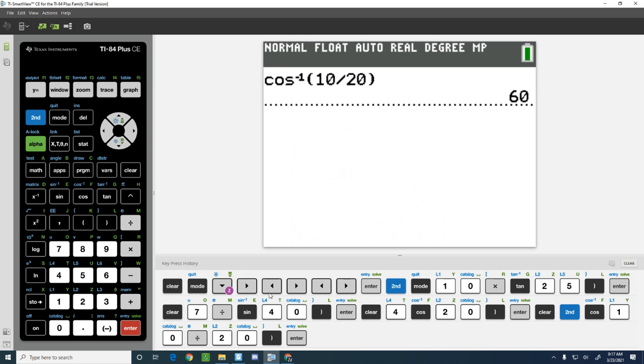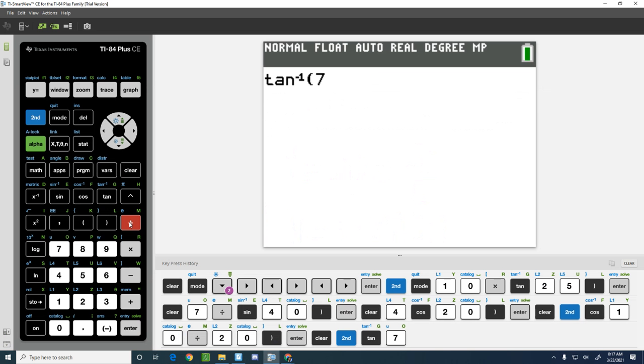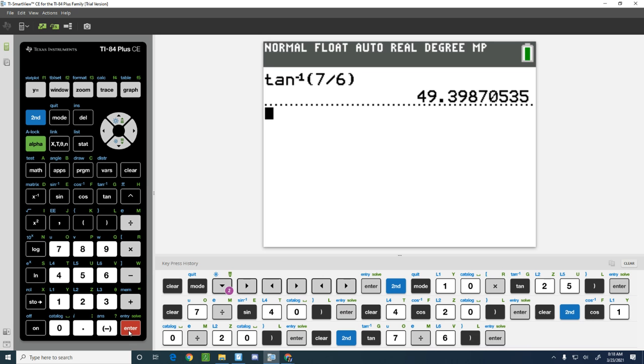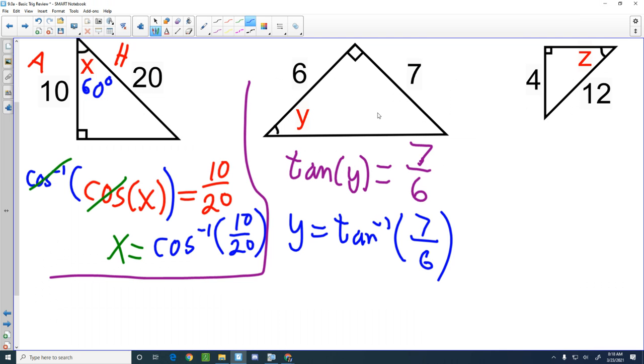So in our fancy calculator, we press second. So this is 49.4 degrees.